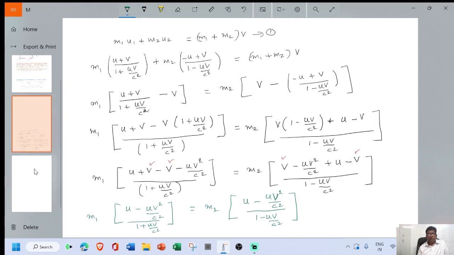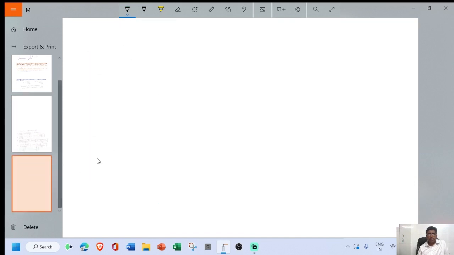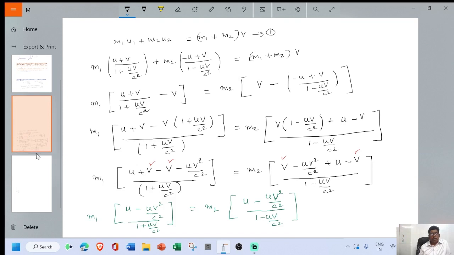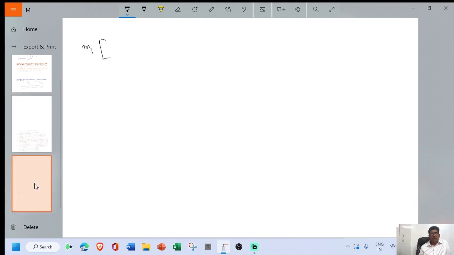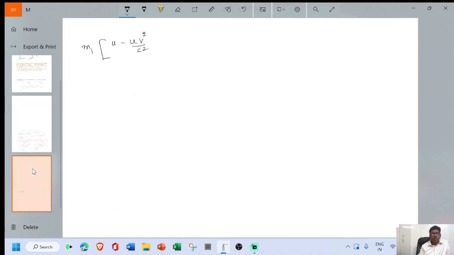We have m1 into u minus uv square by c square divided by 1 plus uv by c square.